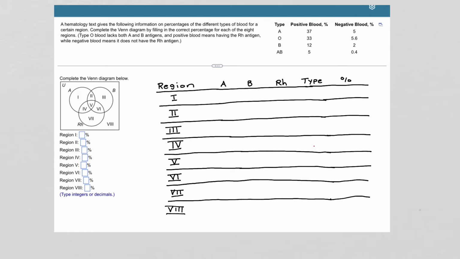So I'm going to start in region 1. And so here we are in region 1. I am inside the A circle. So that person has the A antigen.